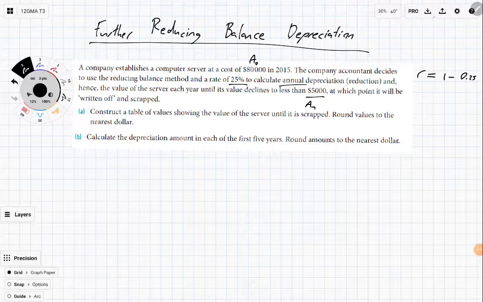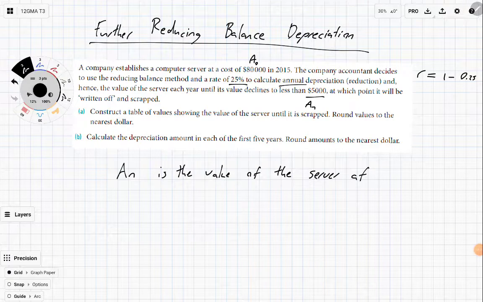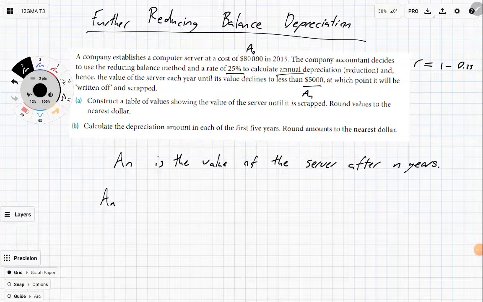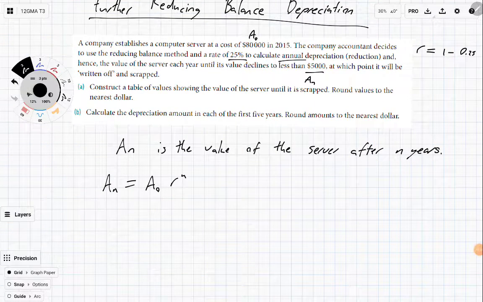Alrighty, so we've got most information. First of all, set up our variables. AN is the value of the server after n years. And we've got AN is equal to A naught R to the N. That's just the T naught form, but with A's instead of T's. And then we can sub in everything we know. We know that A naught is equal to 80,000.